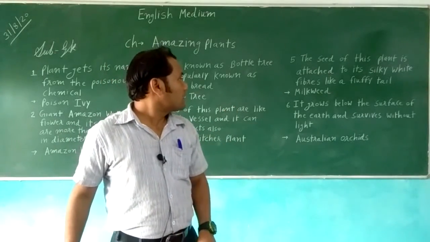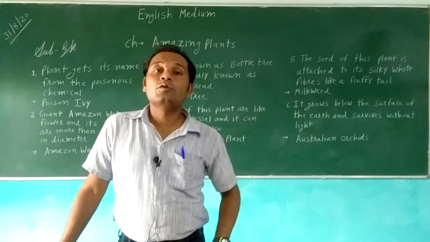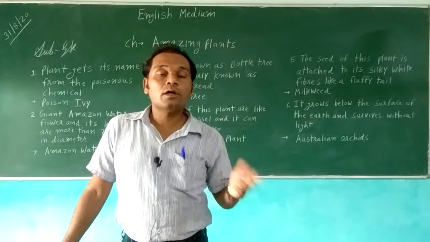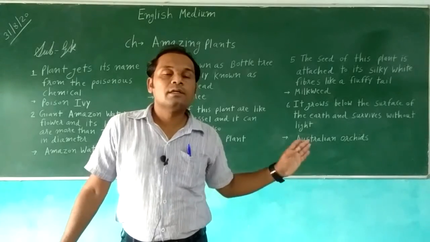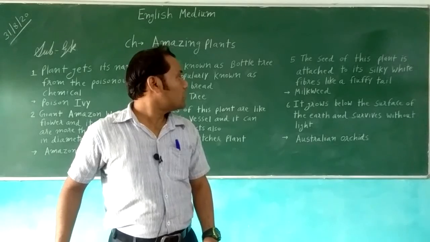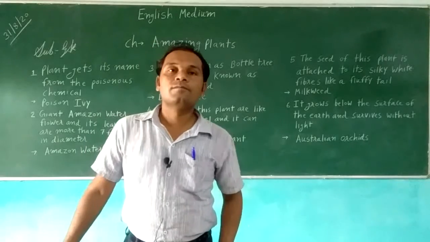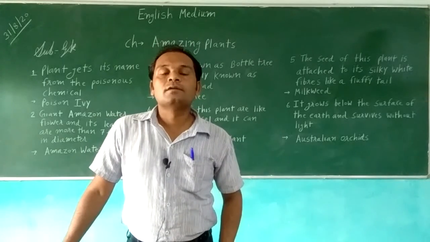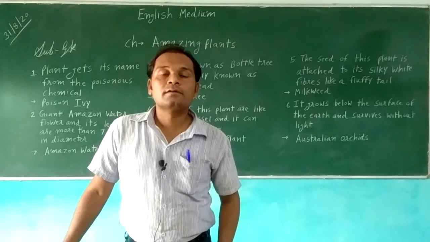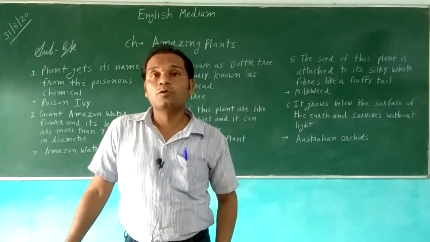Next is a plant that grows below the surface. Some plants grow below the surface of the sea, and below the earth also they grow. This plant grows below the surface of the earth and survives without light. Mostly you know that plants use sunlight, air and carbon dioxide to make their food.